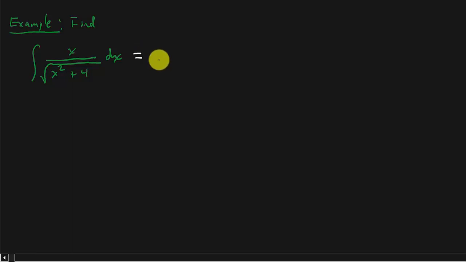But look at this. You see this x squared plus 4? What's the derivative of x squared plus 4? 2x. Oh, that's in the numerator. I'm just missing the 2.